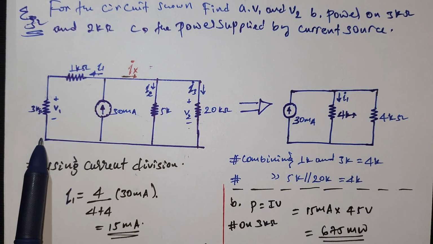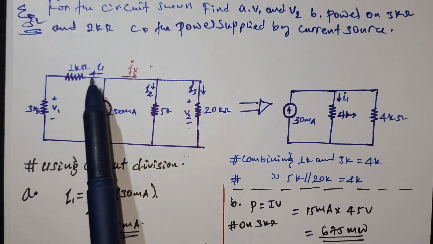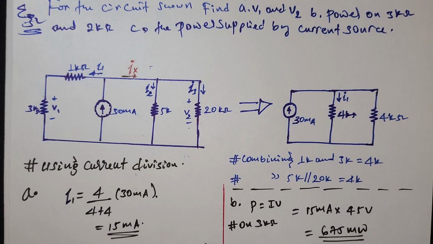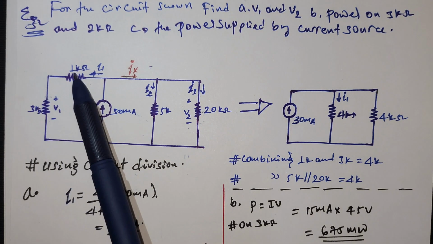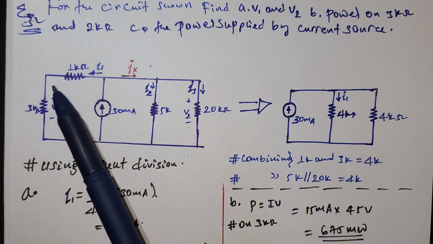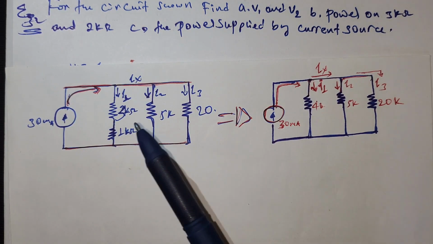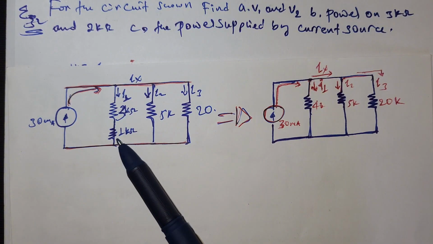They share the same nodes. We can combine these two resistors as one equivalent resistor. Since they are in series, we can simply add them into a 4K resistor.